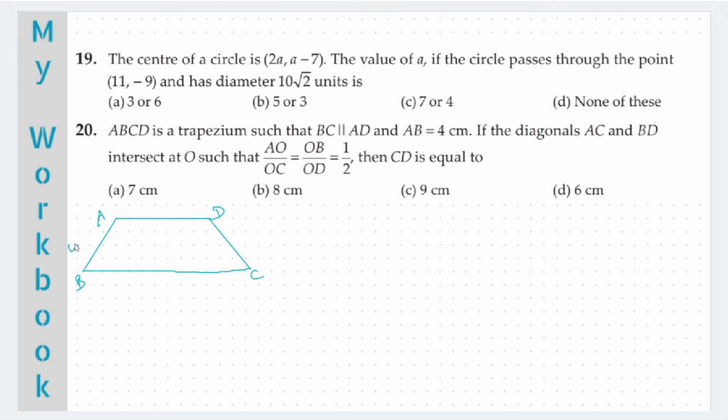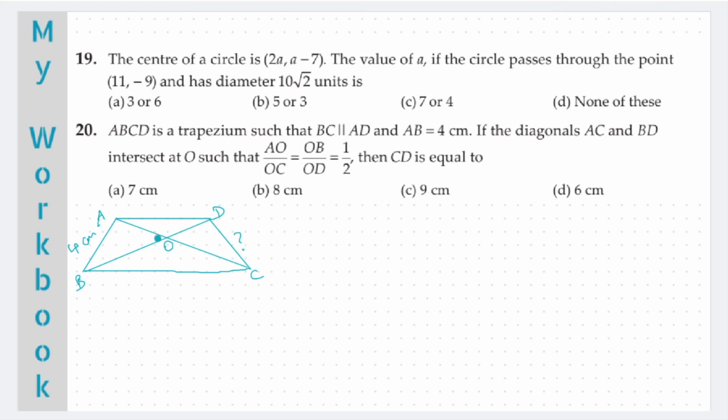AB is given as 4 centimeter. Diagonals AC and BD intersect at O. So this is one diagonal and another diagonal. They intersect at O. It's given that AO by OC is equal to OB by OD, which is half. Then we need to find the value of CD.